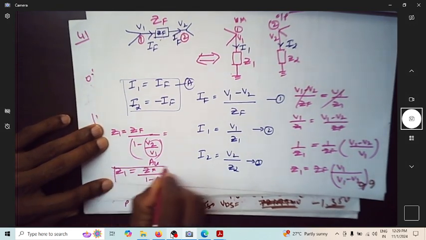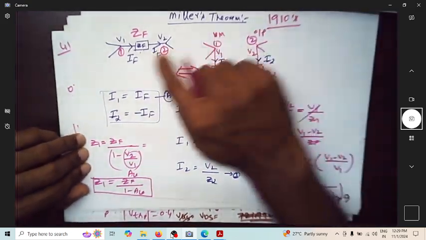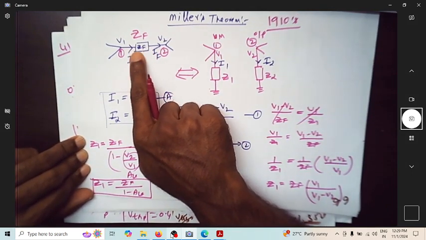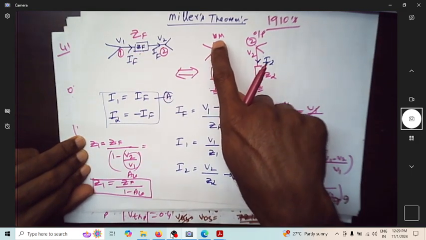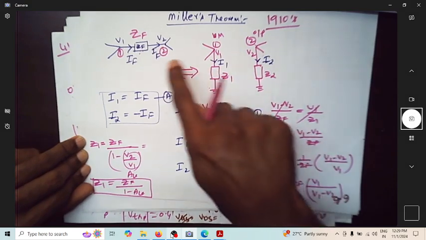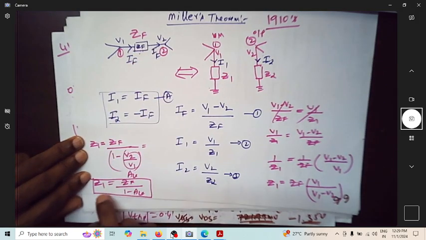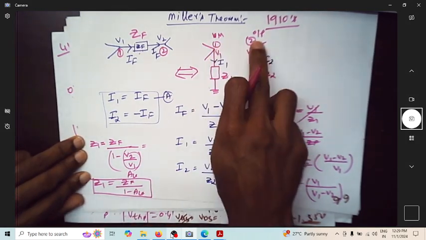This is the expression I have. Meaning, if you have a floating impedance ZF, it can be replaced by an impedance connected from node 1 to ground with Z1. This will be the representation of this ZF if Z1 is equal to ZF by 1 minus AB, where AB is V2 divided by V1.